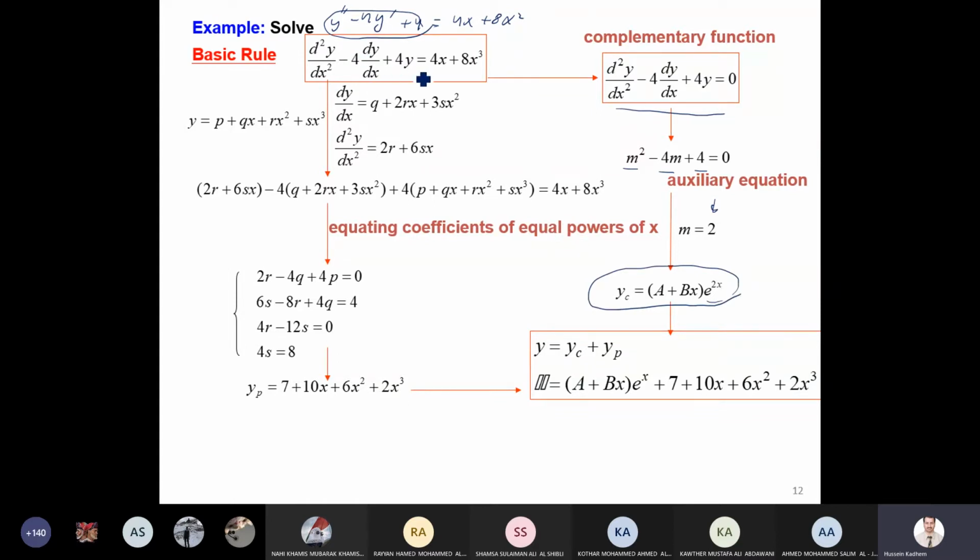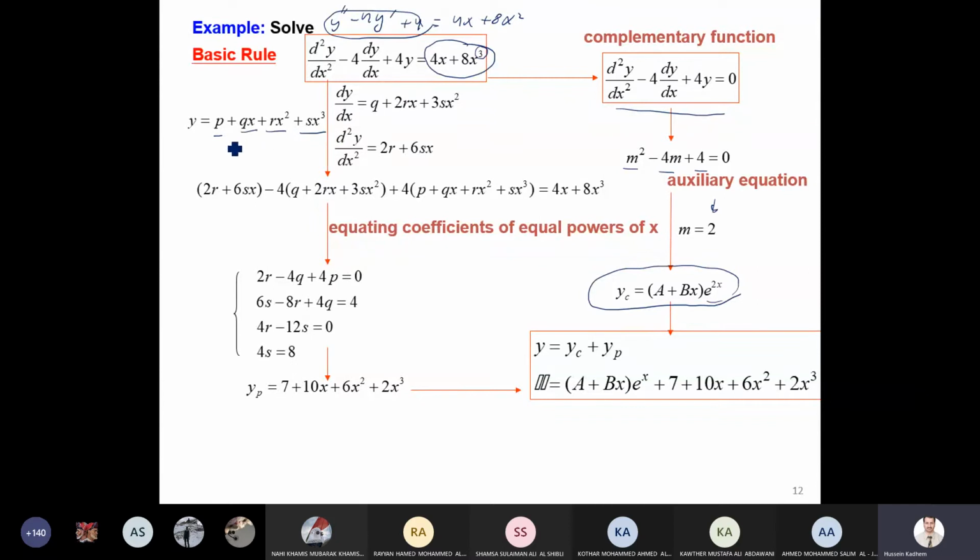I come back here to solve the non-homogeneous part. Have a look at the right-hand side function f of x. It is a polynomial of the third degree. So according to the table, it will be constant plus constant x plus constant x squared plus constant x to the power 3.